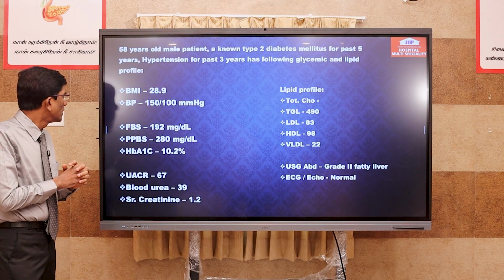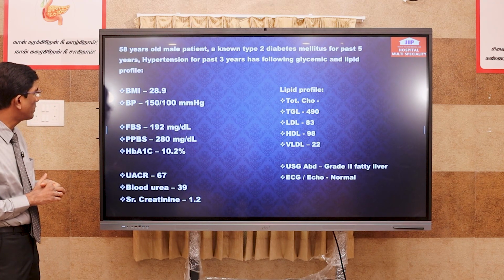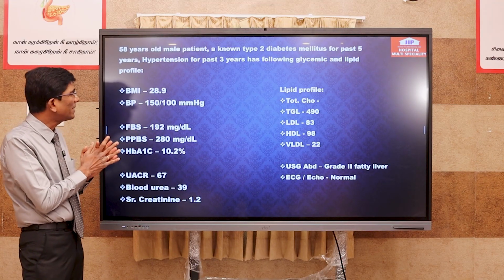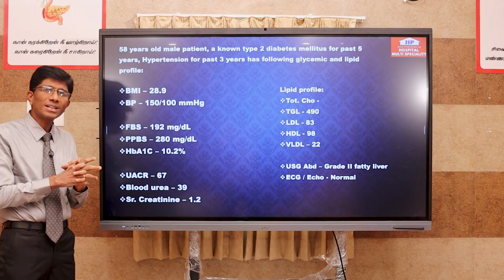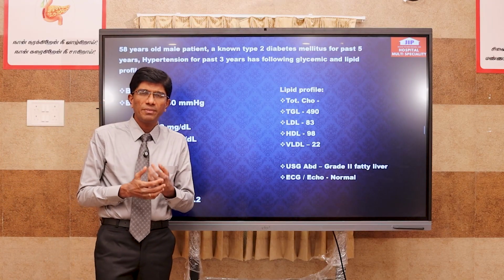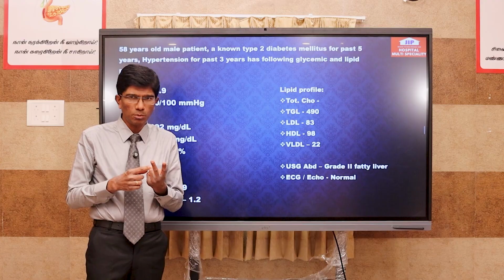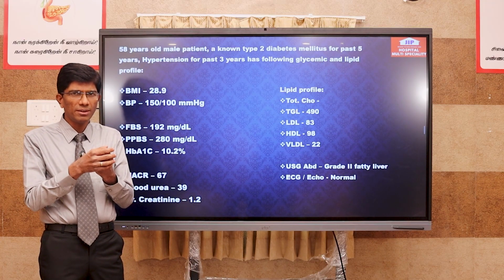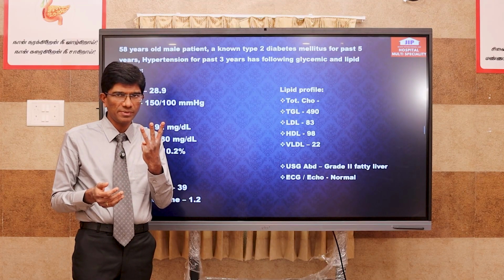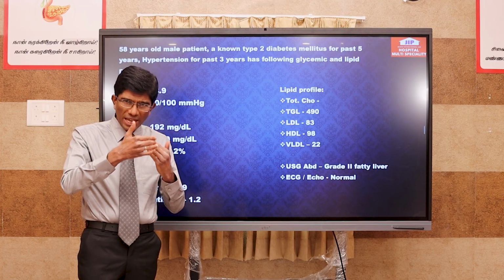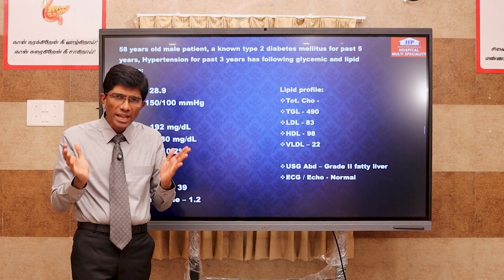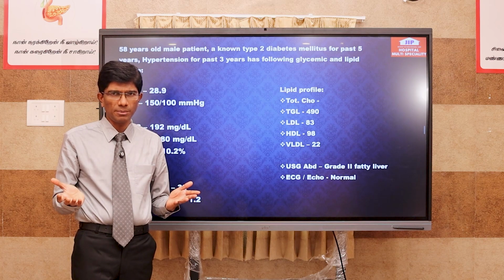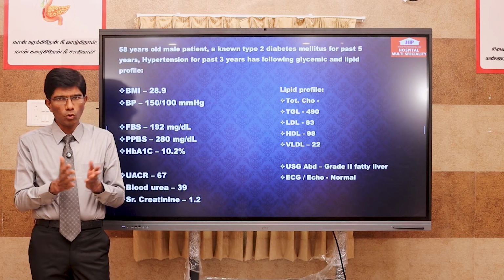Then, his blood pressure is around 150 by 100. Any diabetic patient who presents with elevated blood pressure, what are the choices? Basically, we have three choices: calcium channel blocker, ACE inhibitor or ARB, and thiazide diuretic. But when it comes to a diabetic patient, if they don't have any renal issues or any cardiac problem, then the choice is open.